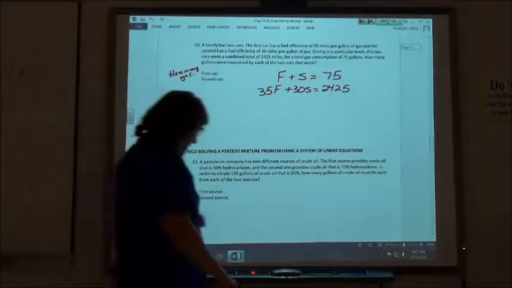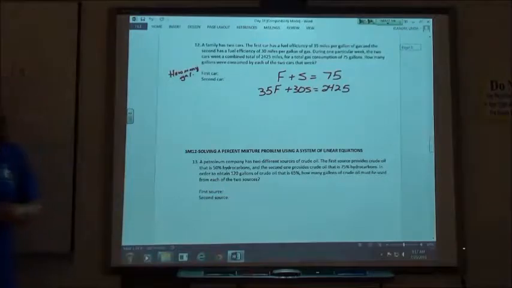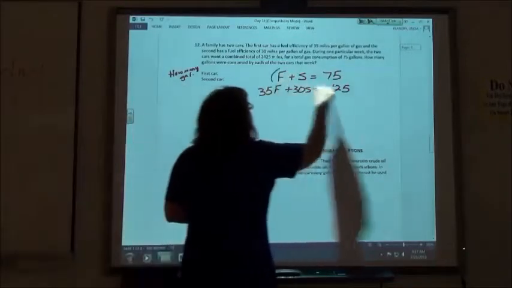And so forth. So I'm going to assume we're using the elimination method again. Do you want to get rid of the F or the S? The S? Then I don't have negative numbers.